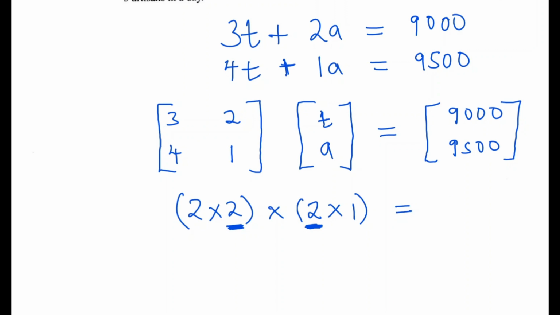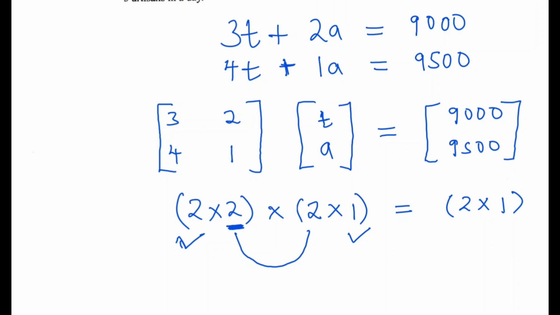And then what will our matrix answer be like? The number of rows in the first matrix and then the number of columns in the second matrix. So it will be a 2 by 1 matrix. Remember, we can only multiply if the number of columns in the first matrix matches the number of rows in the second matrix.